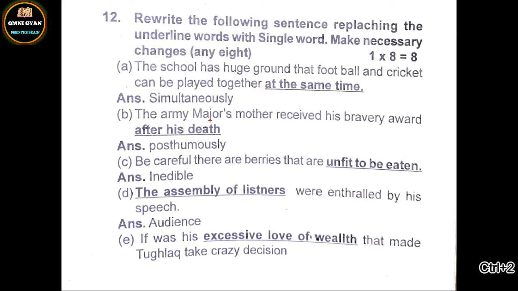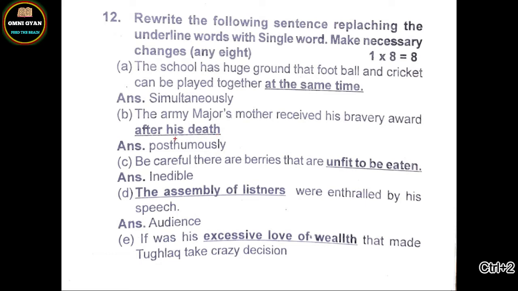The army major's mother received his bravery award after his death. So the answer will be posthumously. If any award or anything is given after death, or any event happens based on that person's life, that is called posthumously. His book was published after his death, so his book was published posthumously.